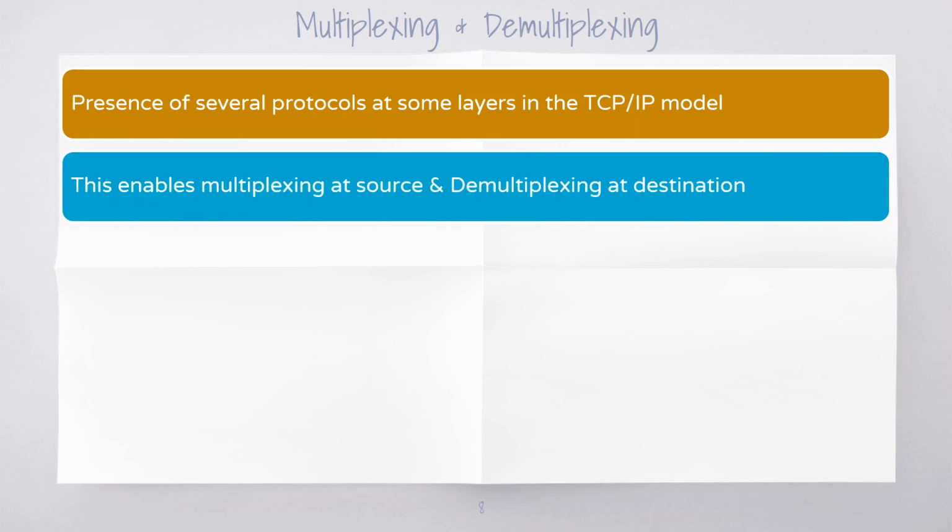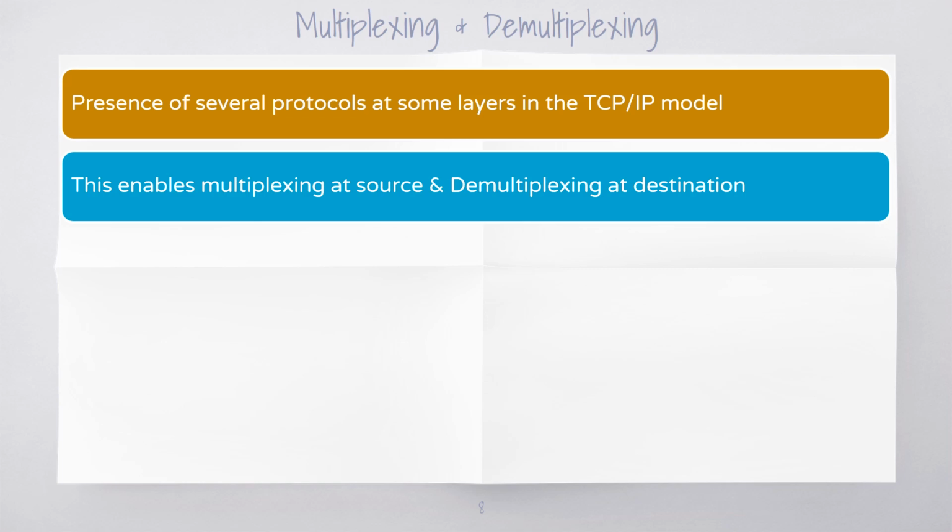Multiplexing at the source means that a protocol at a layer can encapsulate packets from several next-layer protocols at a time. The selected protocol at a specific layer can encapsulate if I have multiple protocols at the same layer itself. For example, the transport layer has 2 protocols, so one has to first select which protocol has to be used to process the information.